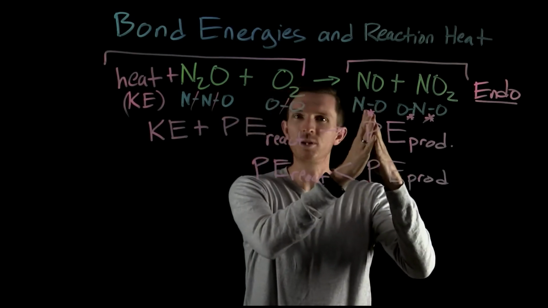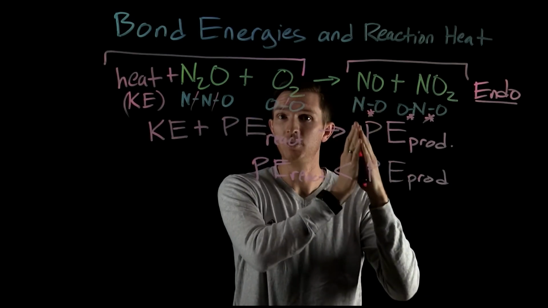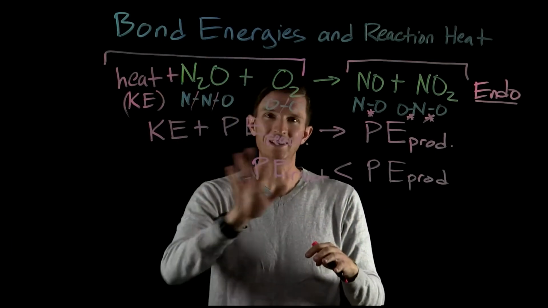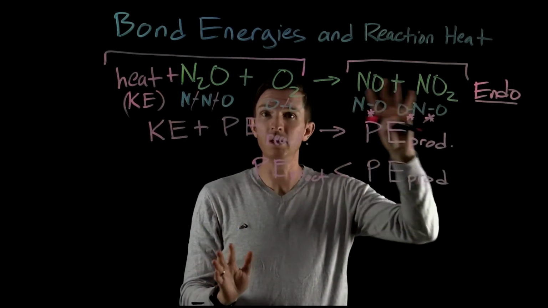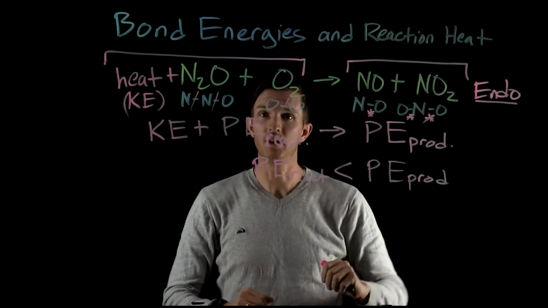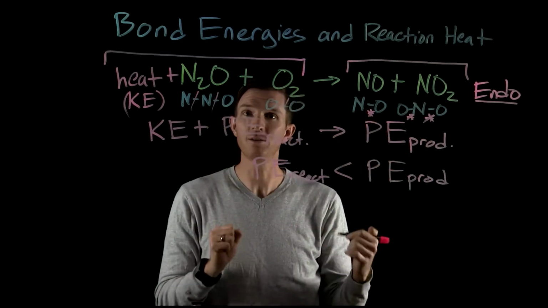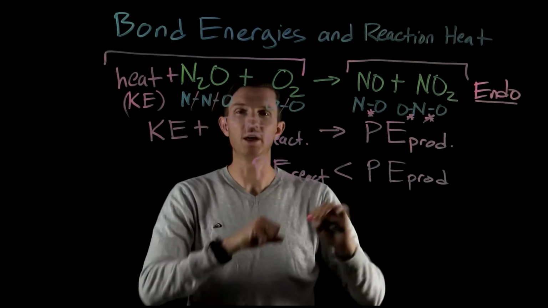Okay, when we're forming new attractions, what we're doing is releasing energy. So we can think about breaking bonds as an endothermic step, and forming bonds as an exothermic step. The relative strengths of these bonds tells us something about the potential energy.